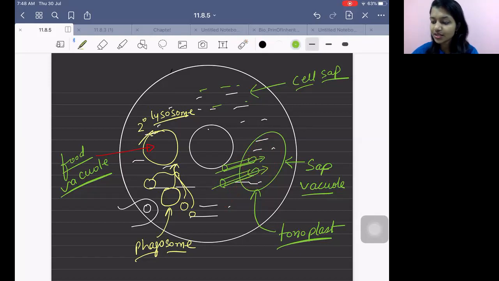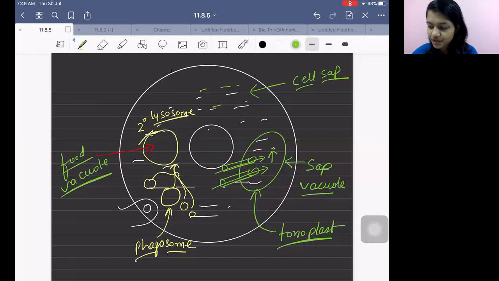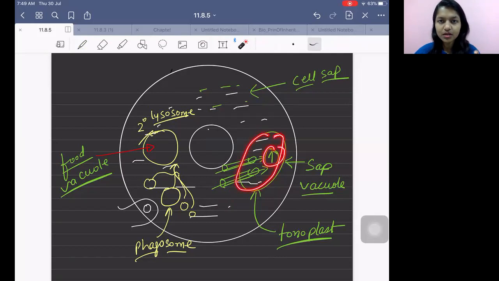I am giving you this, that here the concentration is high. Sap vacuole, right? So it knows here sap was more. So here the concentration is more. Now since here concentration is more, less area, concentration will be more, right? In less area, if you have more things, concentration will be more. So from low to high, it wants things.